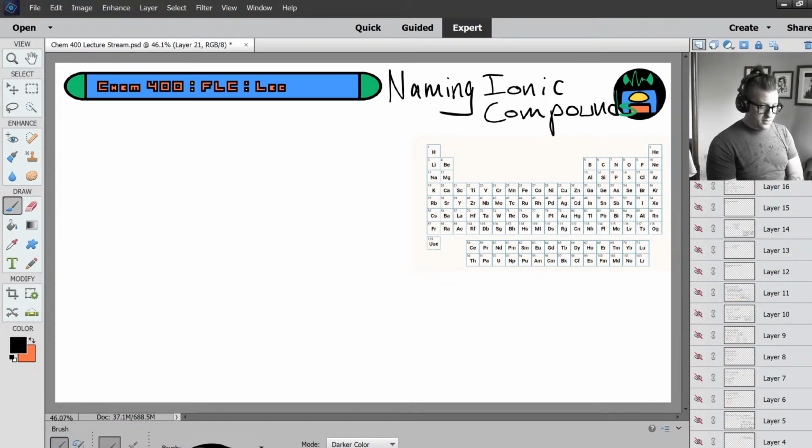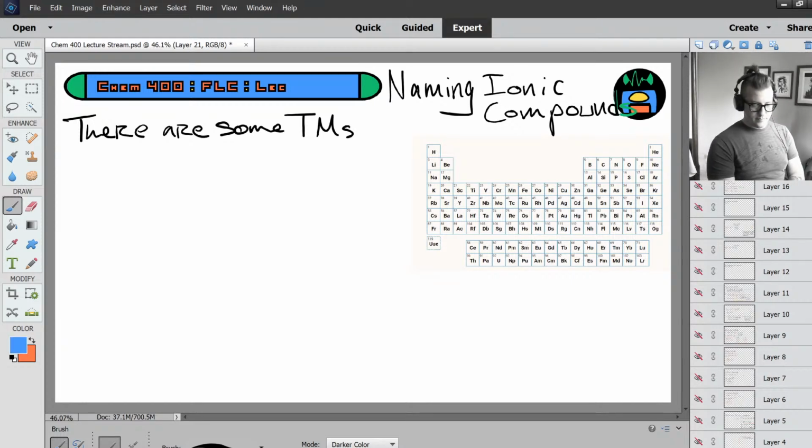You should be aware that there are some transition metals (I'm going to use TM, transition metal, as an abbreviation there) that always have the same charge.